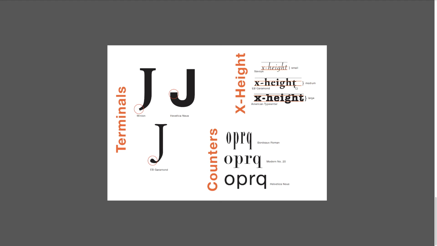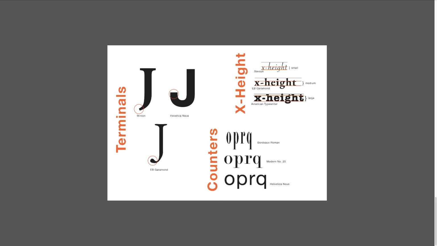The second example is medium. The X height here is a little bit larger in relation to the overall height of the letter. And in the third example, the X height is quite large, bigger in relation to the overall height. So hopefully you can see the small, medium, and large X height.